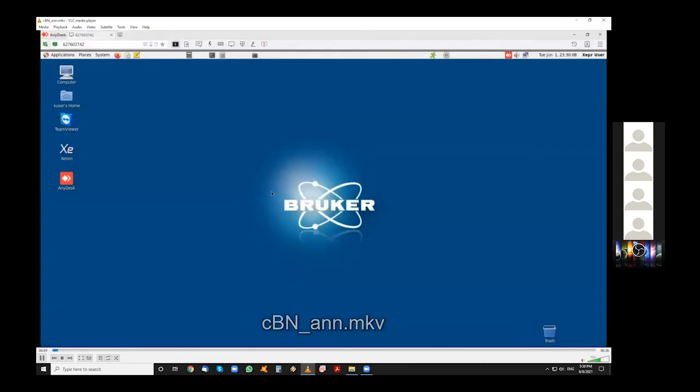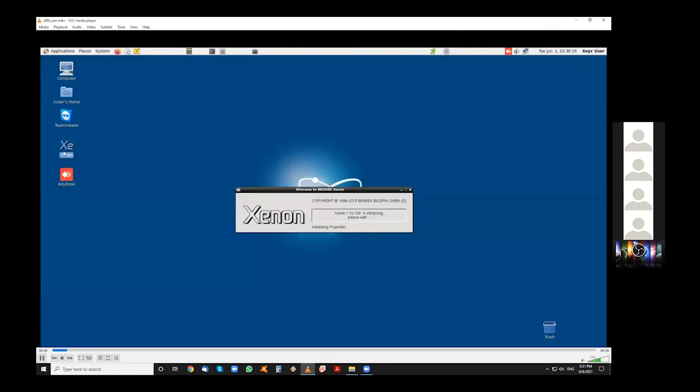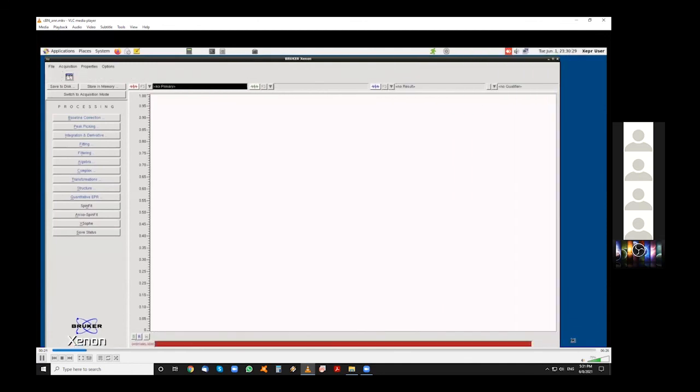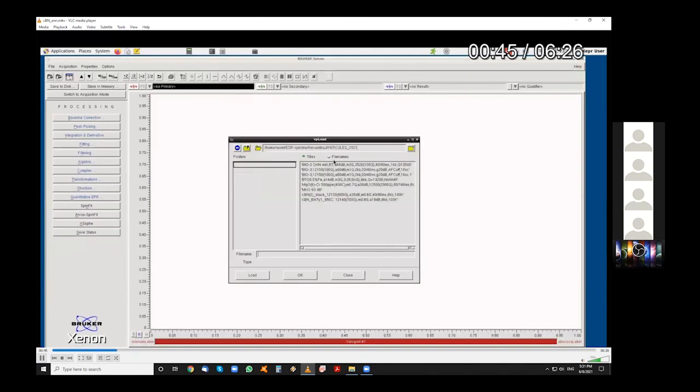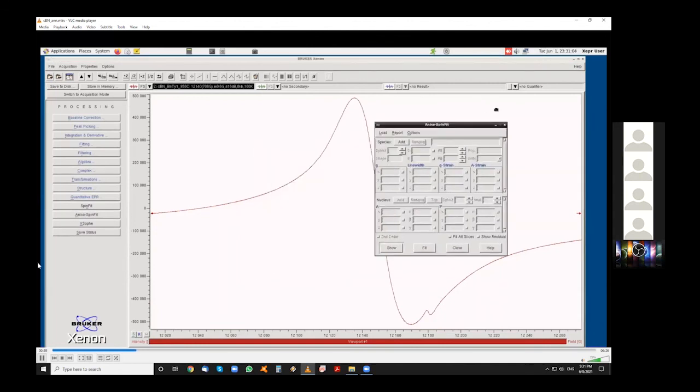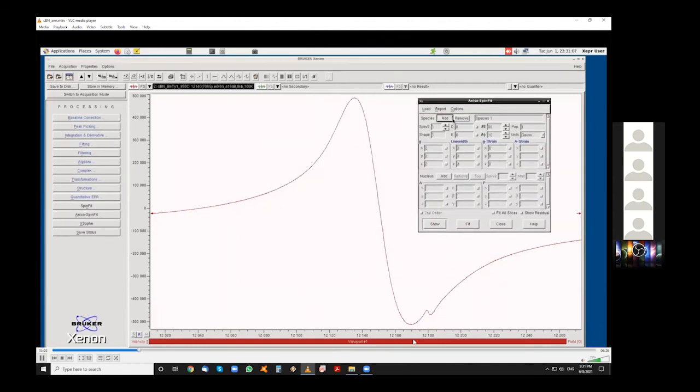So here in this new EPR spectrum, I will go a little bit faster on this part. You may observe here the new spectrum of our sample after the annealing treatment.